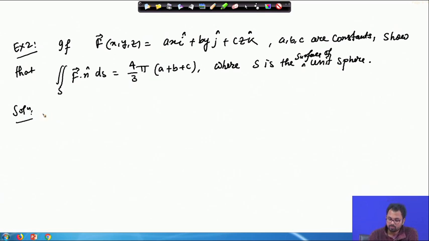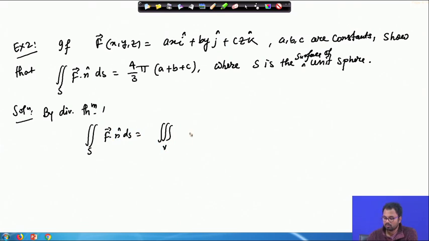However, if we want to use the divergence theorem, then we can write the surface integral of f dot n dS as the volume integral of divergence of f dV. If we take the divergence, divergence of f would be just a plus b plus c, because every partial derivative will go to every term.